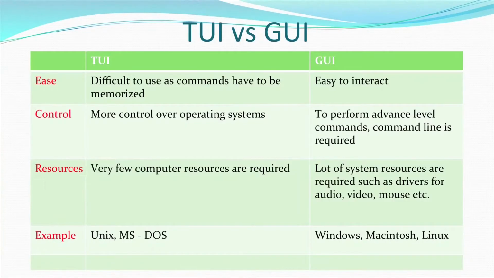So, different resources are required in case of graphic user interface than in case of text user interface. And the examples that are given on your slide, Unix and DOS, are examples of text user interface, whereas Windows, Macintosh, Linux, all these are examples of graphic user interface.